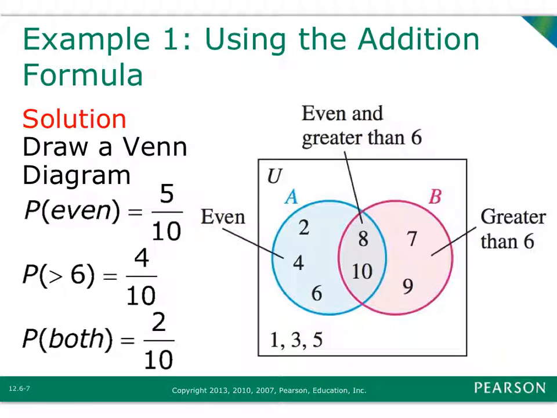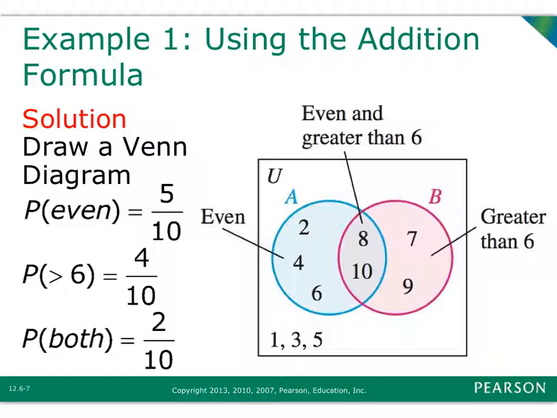So in this, we're going to go back to our idea of Venn diagrams. We're drawing a Venn diagram, and we're looking at set A, which contains all of the even numbers, and set B, which is the numbers greater than 6.